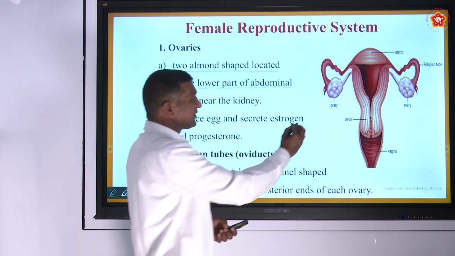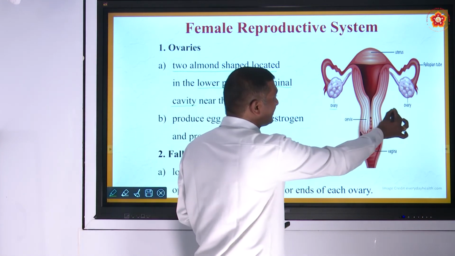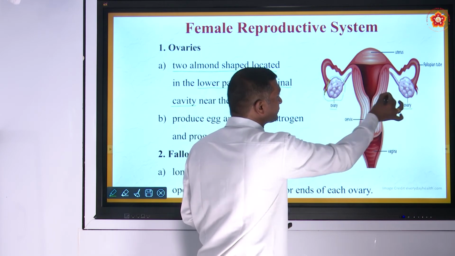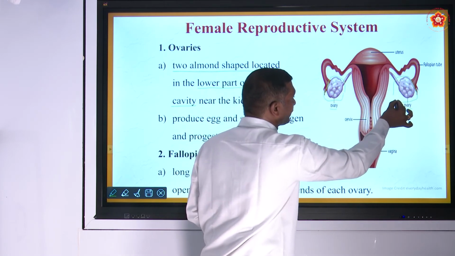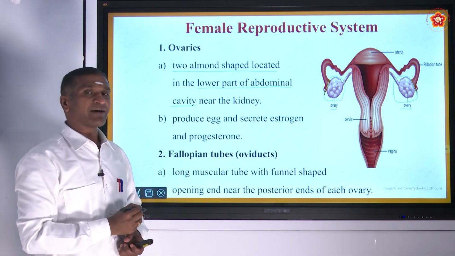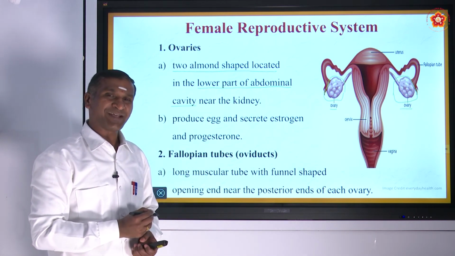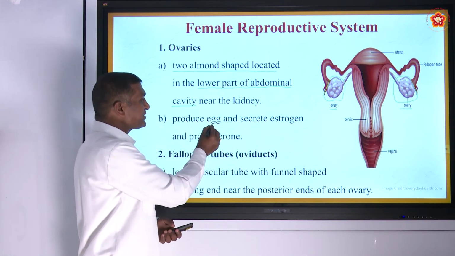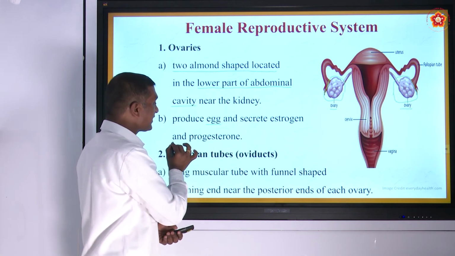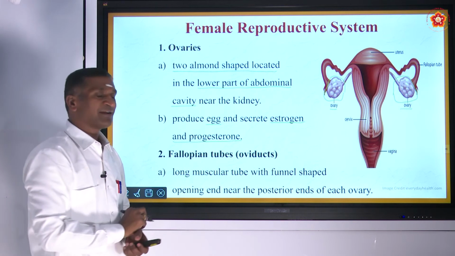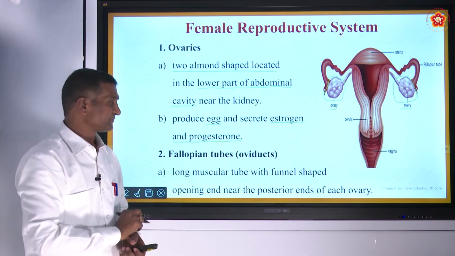You can observe here the ovary, which is almond shaped, at the lower part of the abdominal cavity near the kidney, which produces the egg and also secretes two hormones, that is estrogen and progesterone.